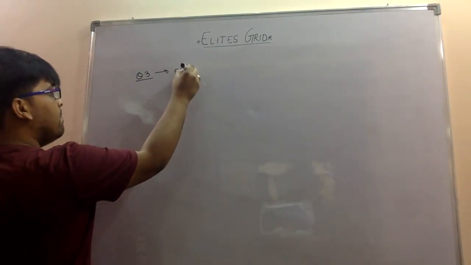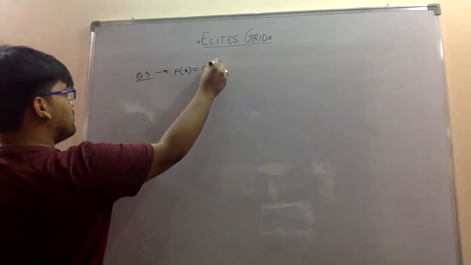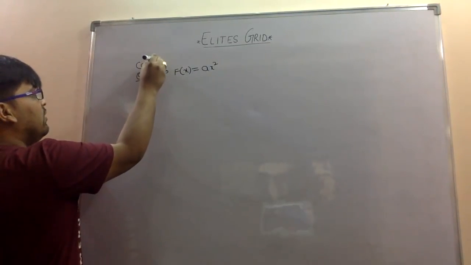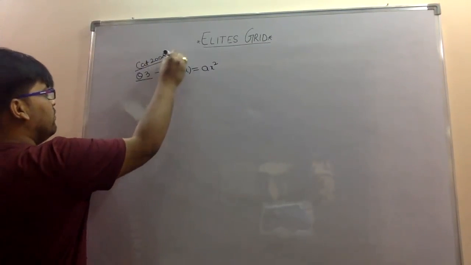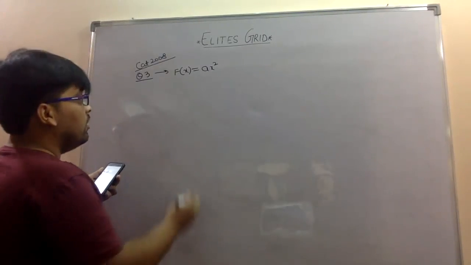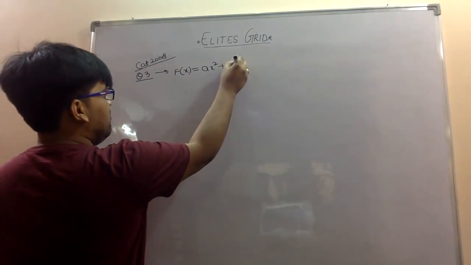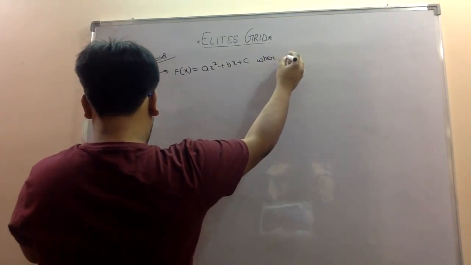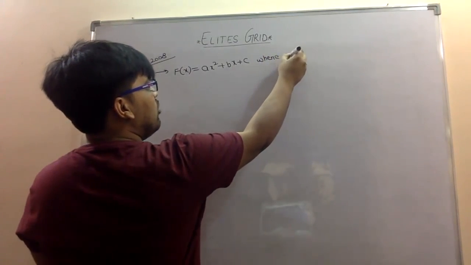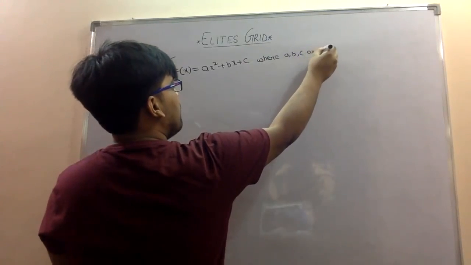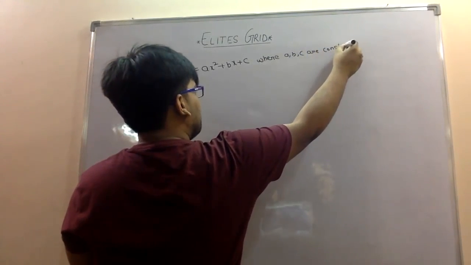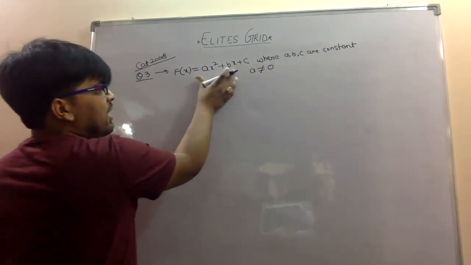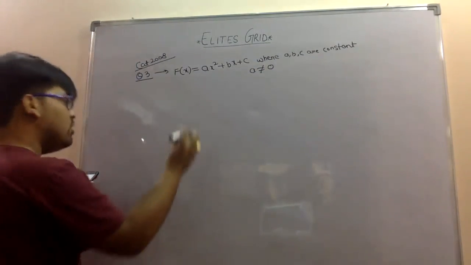f(x) is equal to ax square plus bx plus c. This is a CAT 2008 question, sorry. Where a, b, c are constants and a does not equal 0. When it is quadratic, that means a should not be equal to 0.